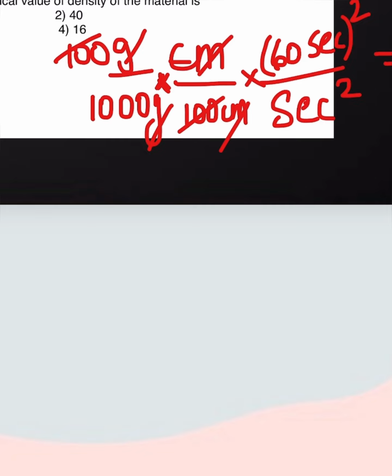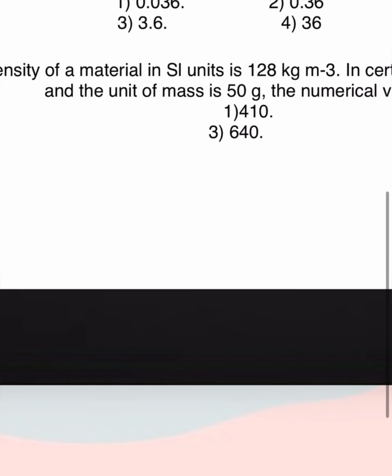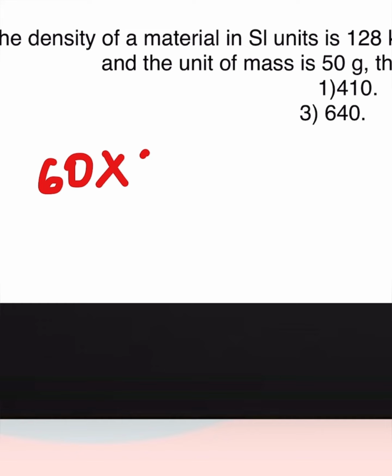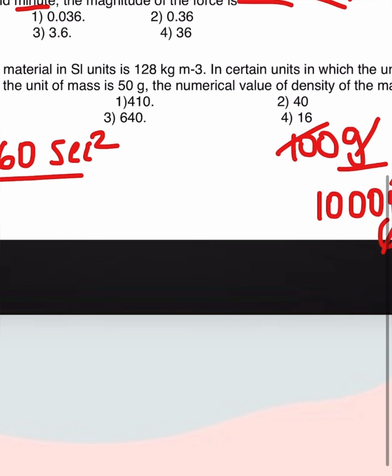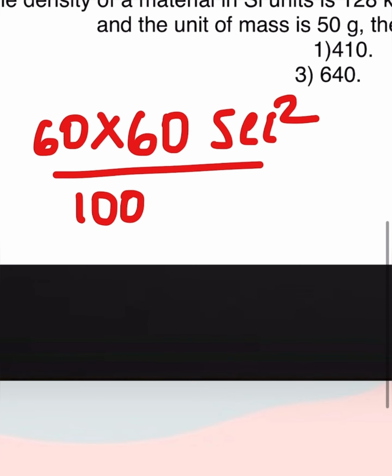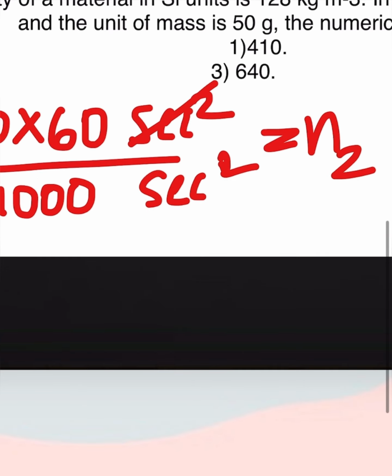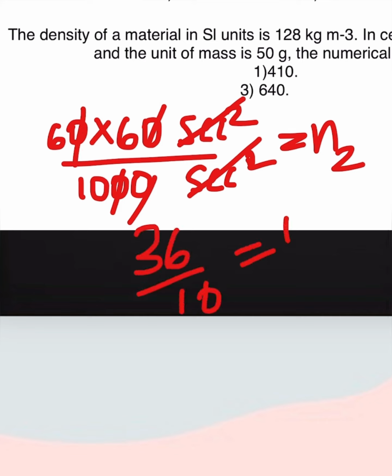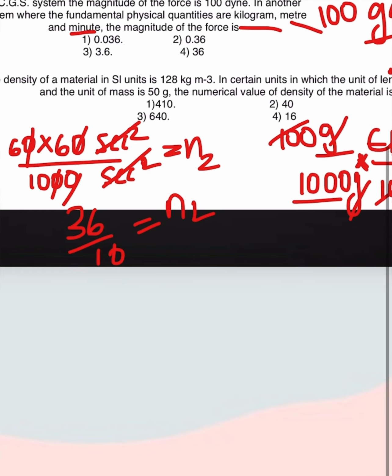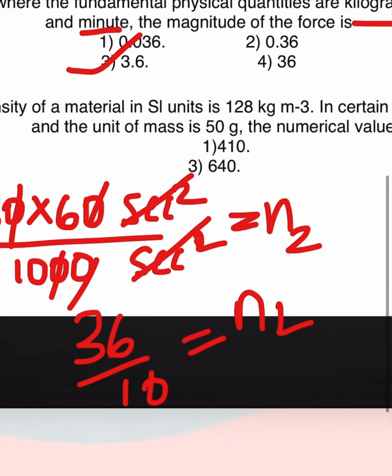So it will be 60 into 60 divided by 1000 is equal to n2. 60 into 60 is 3600, divided by 1000, so n2 is 3.6. That will be the answer.